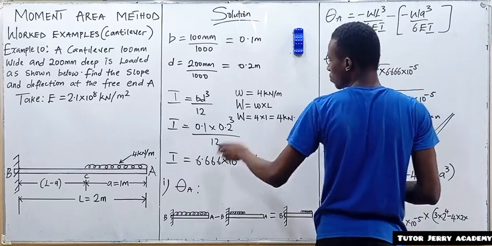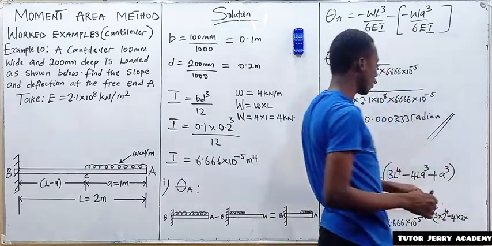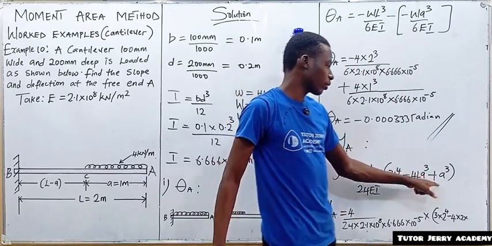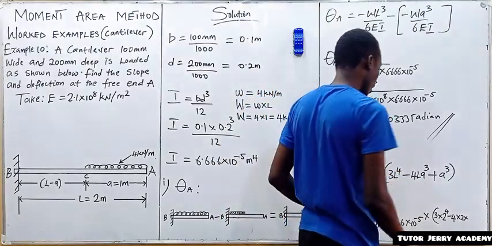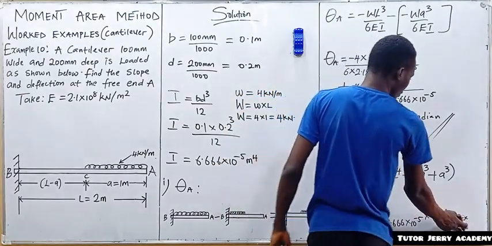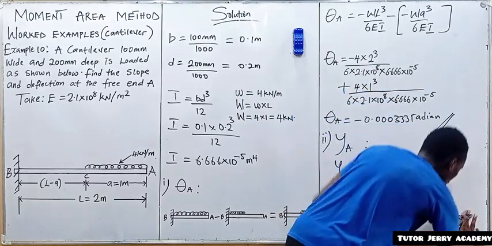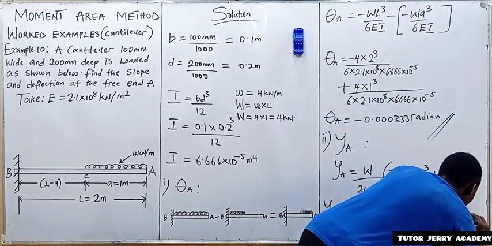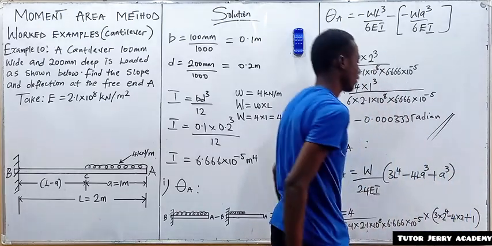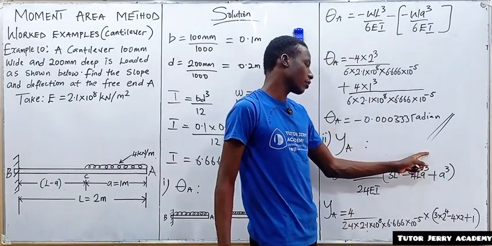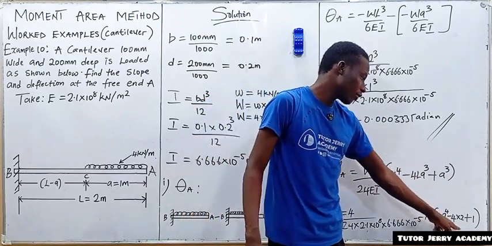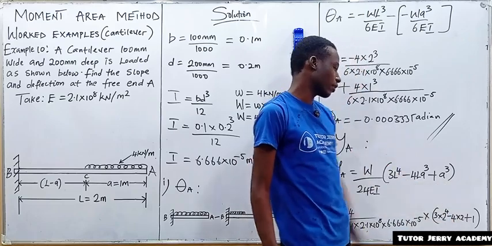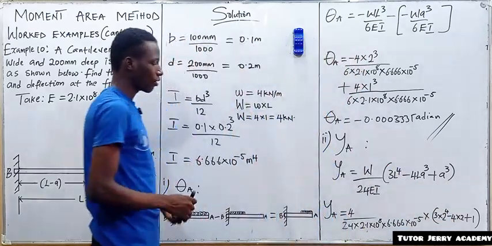We have A to be 1, and 1 to the power of 3 is 1. Here it is multiplication, so this will be plus 1. 1 multiplied by 4L is 4L, so we have 4 times 2 here, then plus 1. So just do your maths.